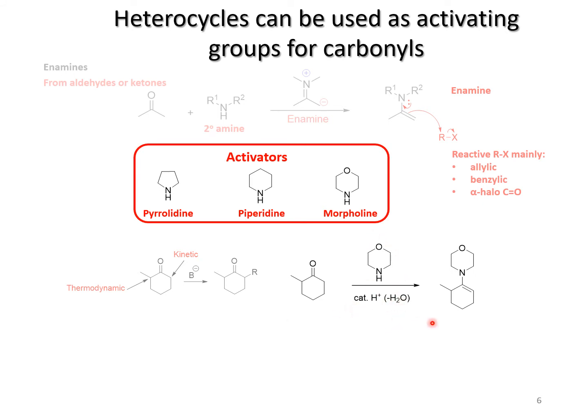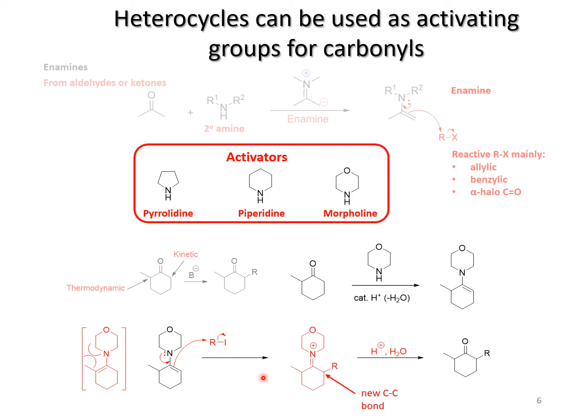In this case, we can form the enamine, and the double bond here will go specifically in this position because the other one, like you can see here, is very hindered. And then once you have activated this compound, you can use this double bond as a nucleophile to attack the electrophile, forming the intermediate, and then by simple hydrolysis we can form the desired target molecule.